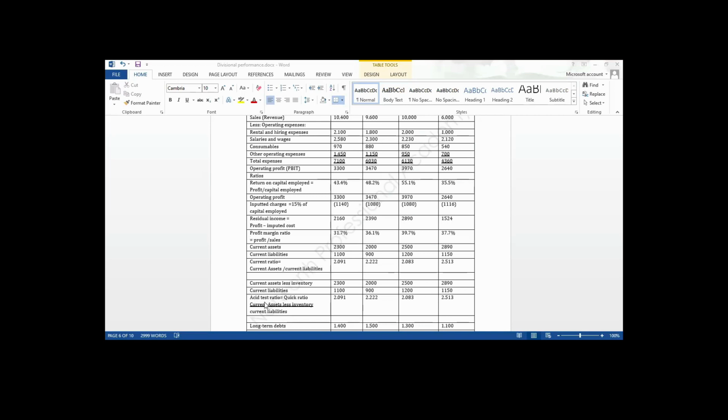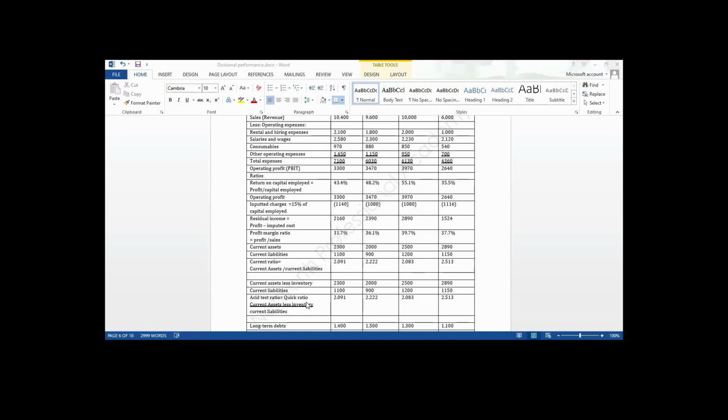Next, quick ratio. We also call it acid test ratio. The formula for quick ratio is current assets less inventory divided by current liability.